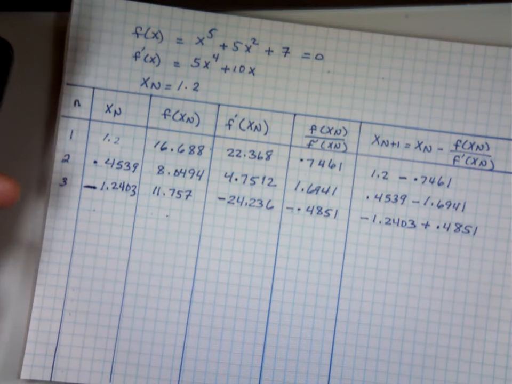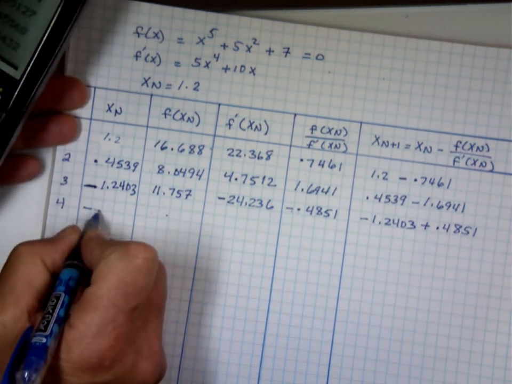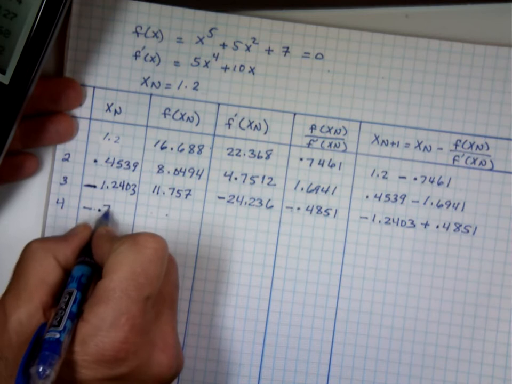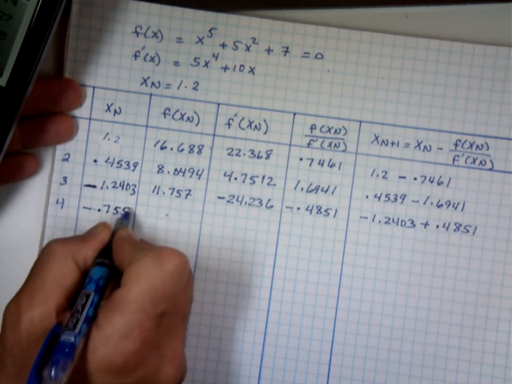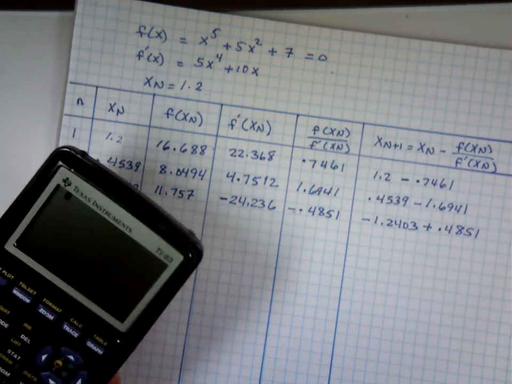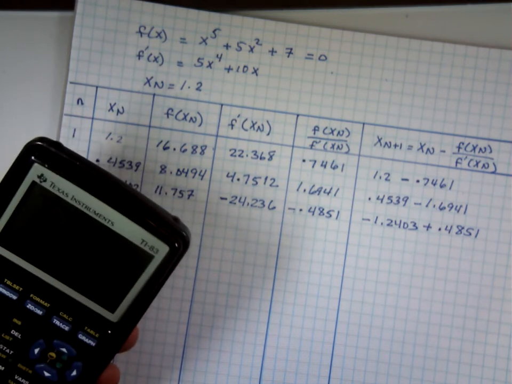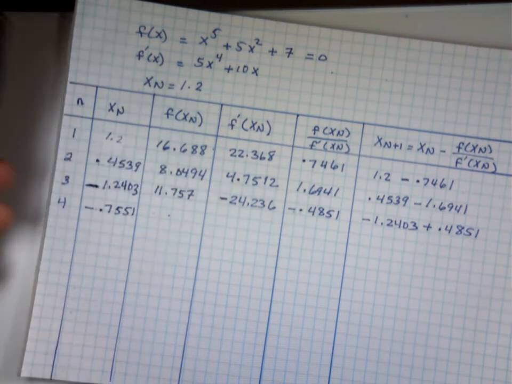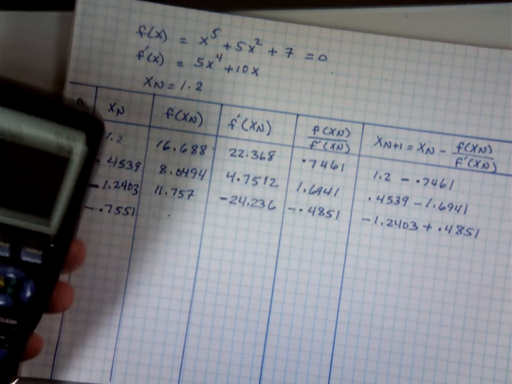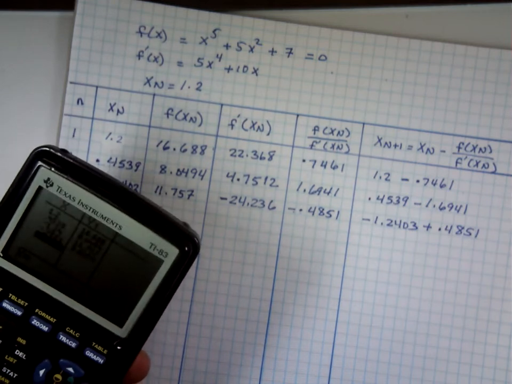So the next value we're going to be using is negative 0.7551. Negative 0.7551. Oh, it's 9 now.